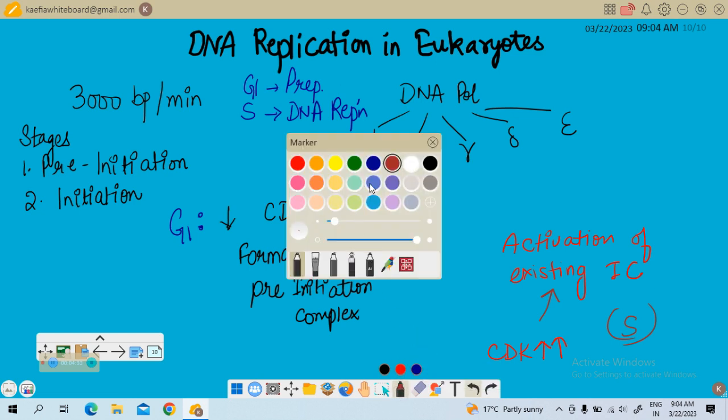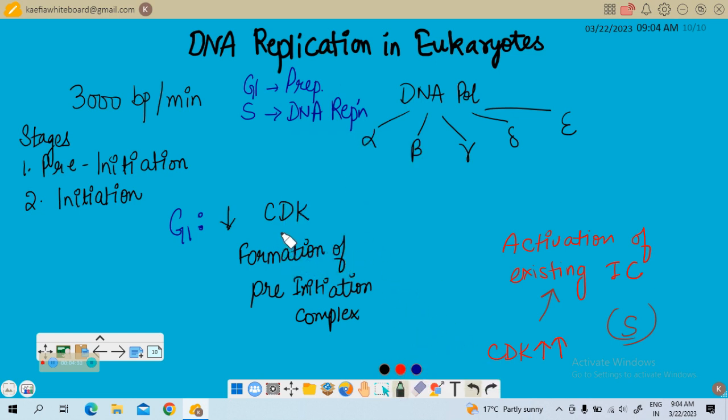So in low, formation will be favored and activation will be inhibited, means activation will not be there. Similarly, when concentration is high, activation will be favored and formation will be inhibited, means this will not be formed.